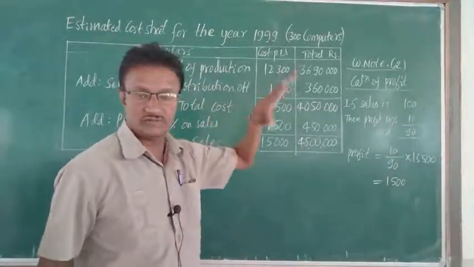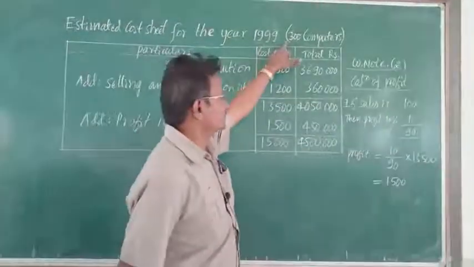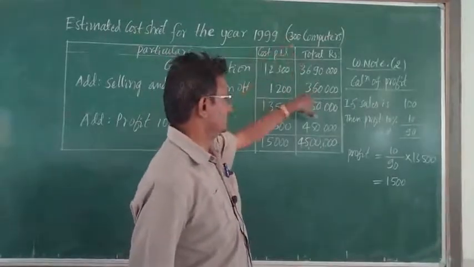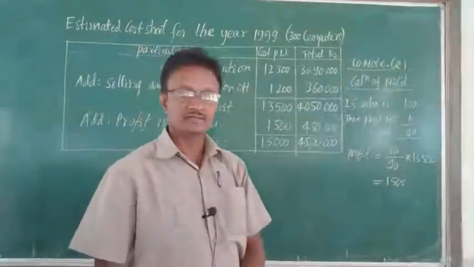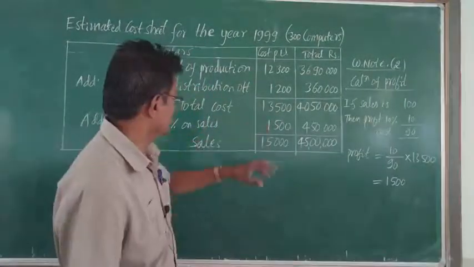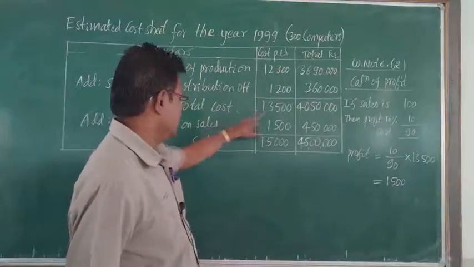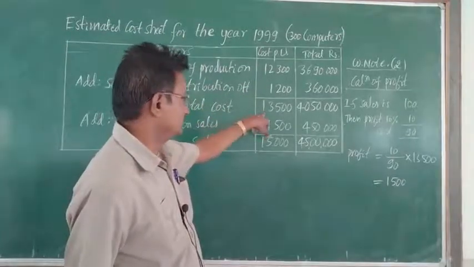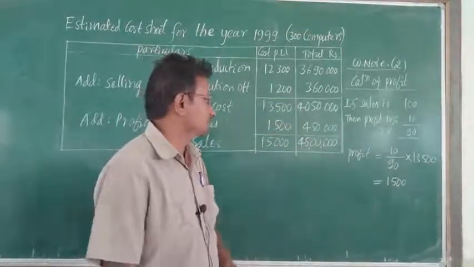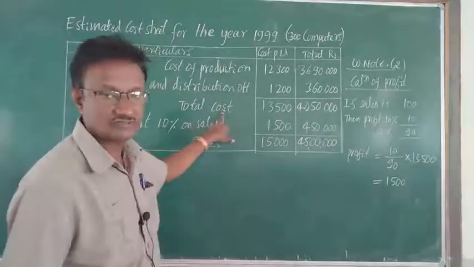Per unit it is not increased or decreased, and for 300 computers it becomes 1,200 into 300, which is 3,60,000. So make the total of these items, then it is 13,500 for one computer, and for 300 computers it is 40,50,000. It is called total cost.